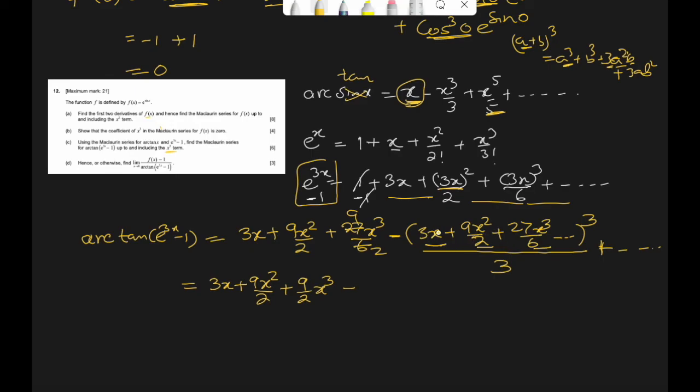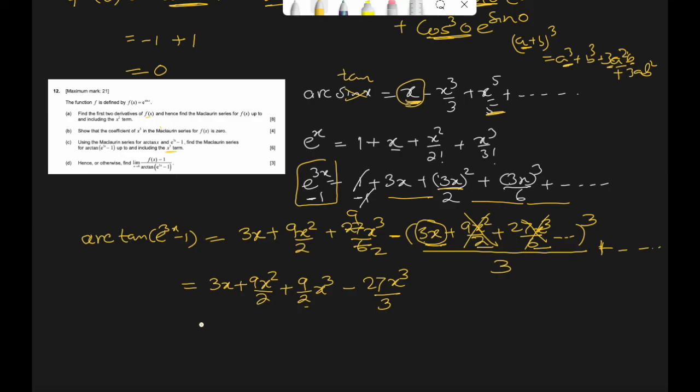So in that case, only 3x will give me a proper cube, x cube. Any combination after that will be more than cube. So there is no need to look at them at all, because this is the only one which is going to give me cube, and that's what I do. So 3 cube is 27 x cube over 3, right? And they say up to x cube, so we have reached up to x cube, and that's it.